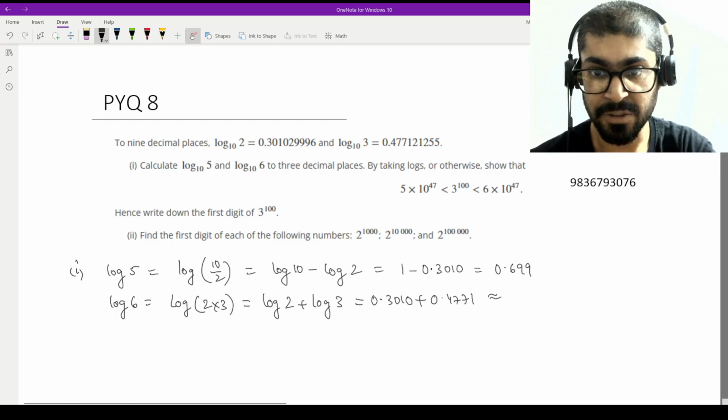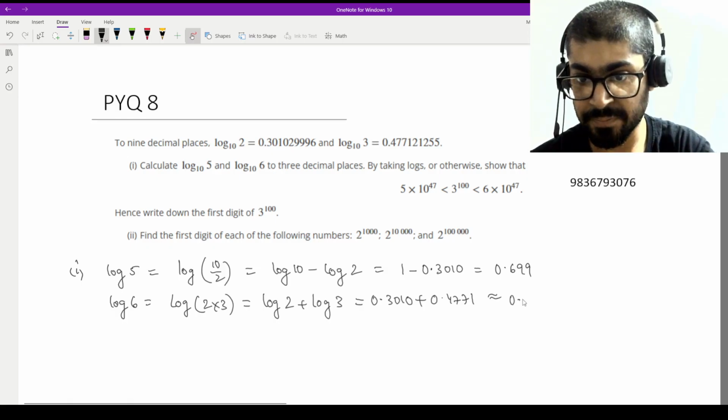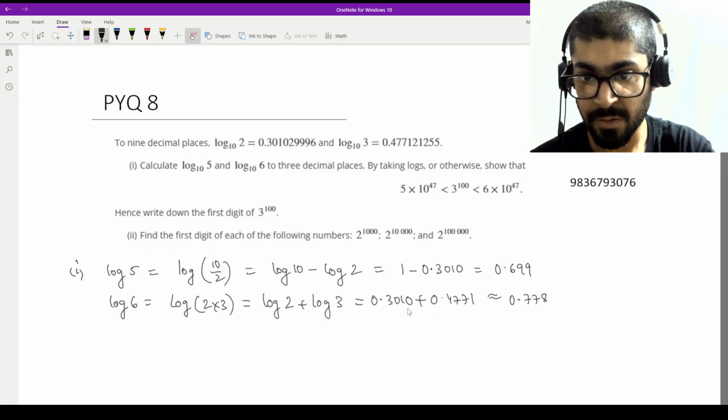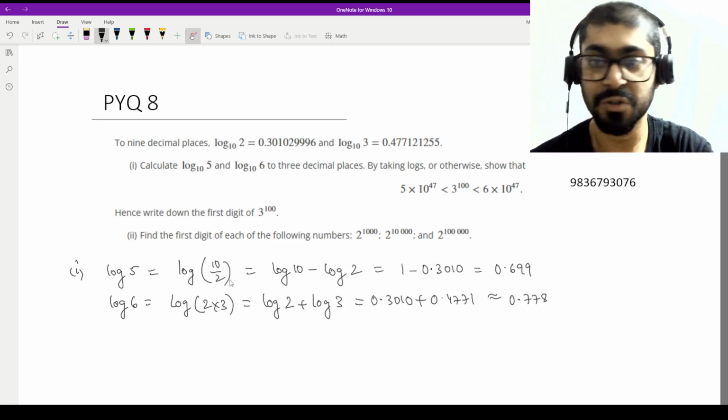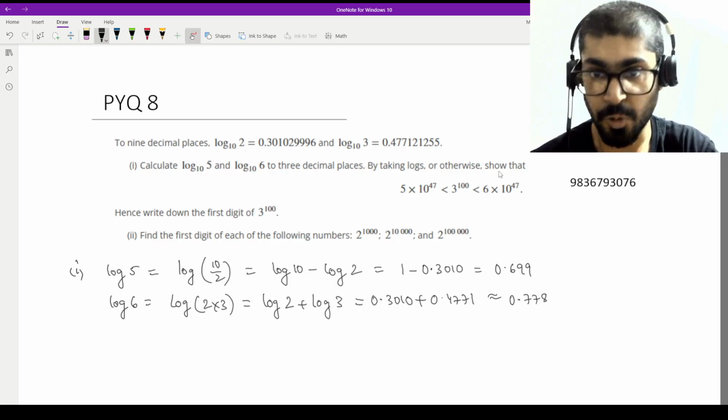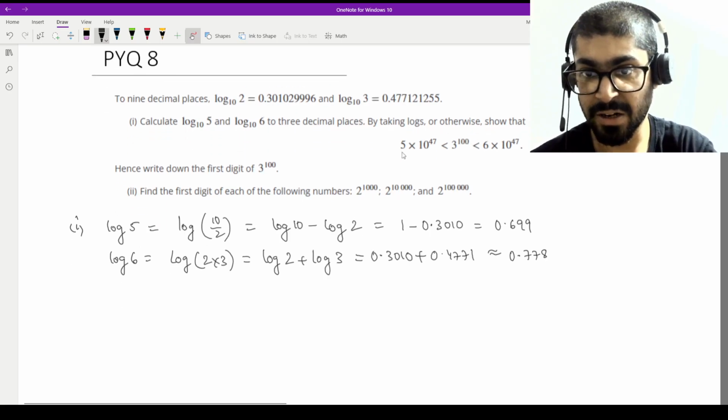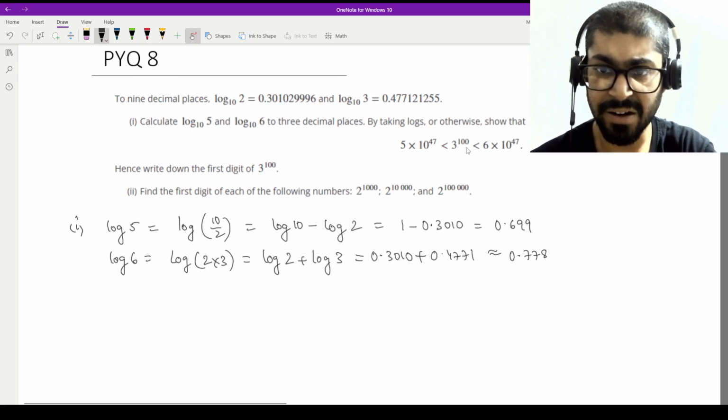This gives approximately 0.778, because 3 plus 4 is 7, 0 plus 7 is 7, 1 plus 7 is 8, and 0 plus 1 is 1, so approximately 0.778.